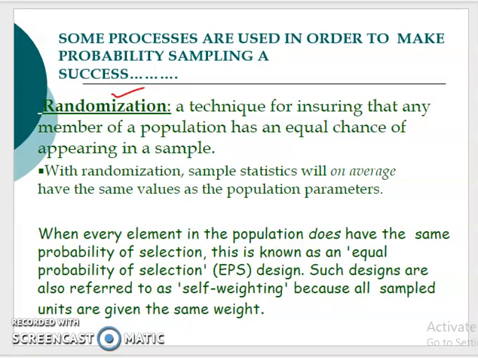Without randomization, the statistics will not on average have the same values as the population parameters. And when every element in a population does not have the same probability of selection, this is called unequal probability selection. Equal probability designs are also referred to as self-weighing because all the sample units are given the same weight.